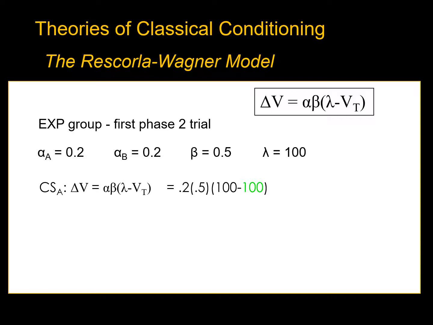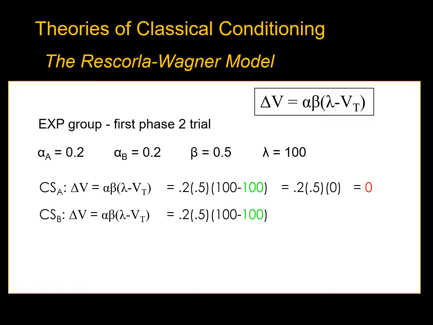We've already acquired all the available associative strength that that US can support with that CSA-US association in phase 1. So, for the mathematically challenged amongst you, when you start multiplying things by 0, it always ends up in the same place, doesn't it? It ends up as 0.